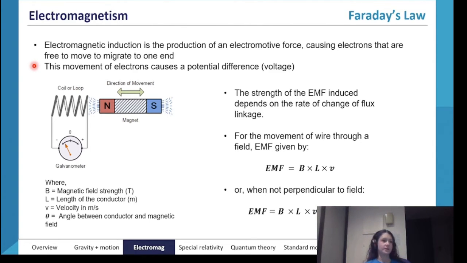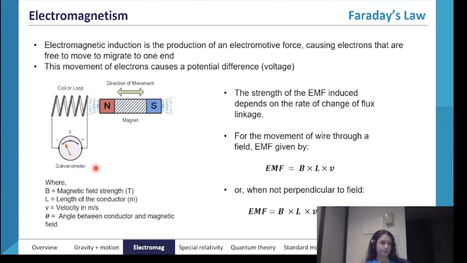As you can see, in this case, the magnet moving is going to produce a force in this coil, which is going to create a current, which we have measured with this galvanometer.